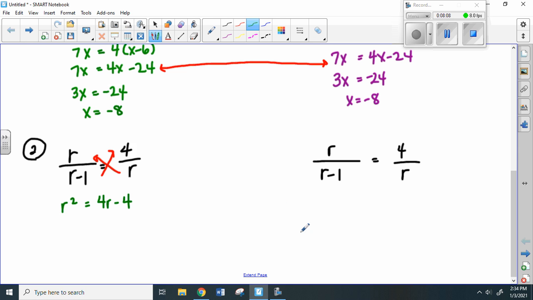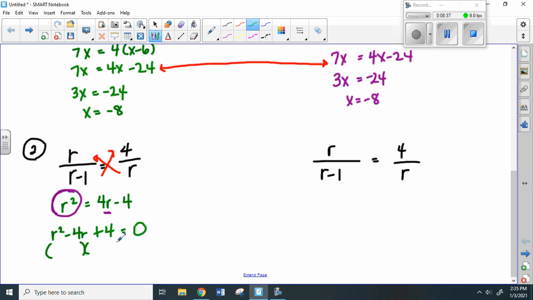Now, keep in mind that if you have a variable squared in your problem, and another variable not squared in your problem, to solve it, you are going to have to make it equal 0 and factor.